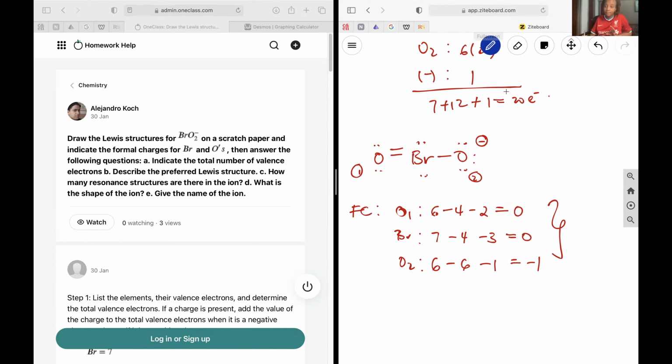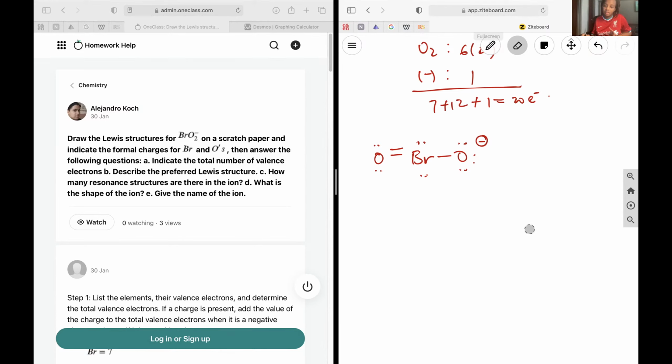So now that I have my valid Lewis structure, resonance structures are any other valid Lewis structures. And why this is important is, the Lewis structures assume that electrons are either localized in lone pairs or bonding pairs. We know from quantum theory that is not true. Electrons can go wherever they want as long as it is energetically permitted by Schrödinger's equation.